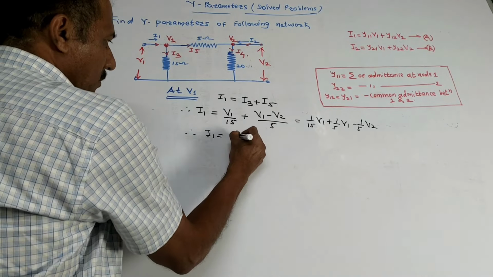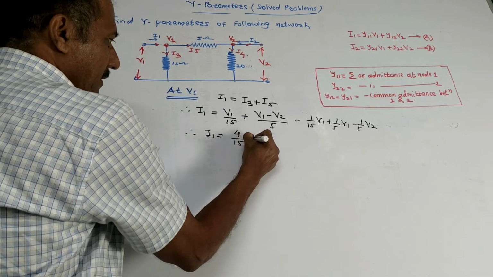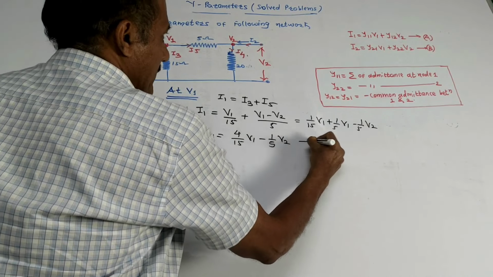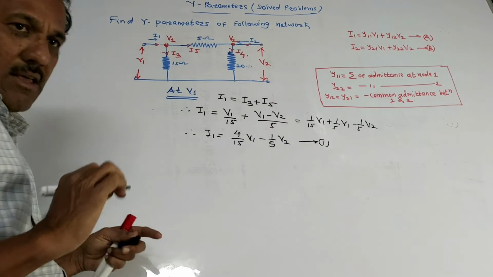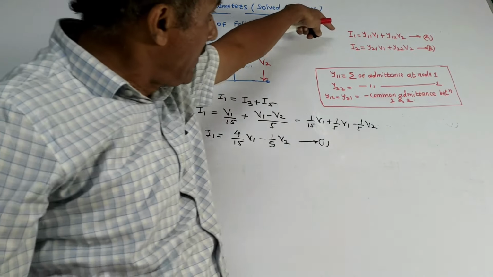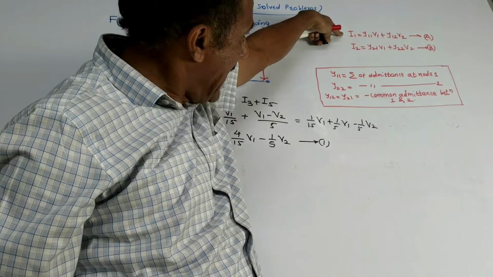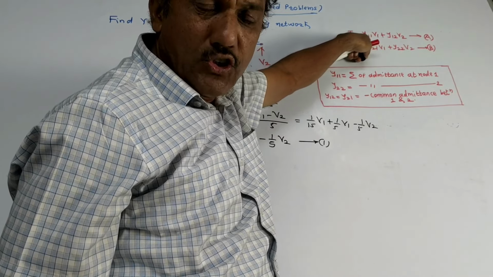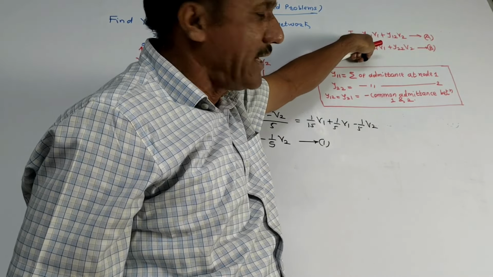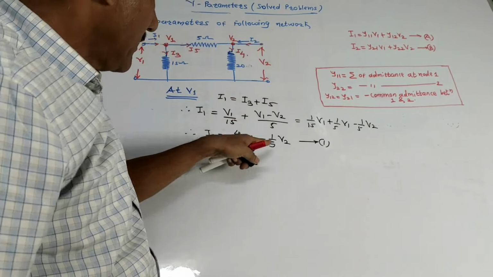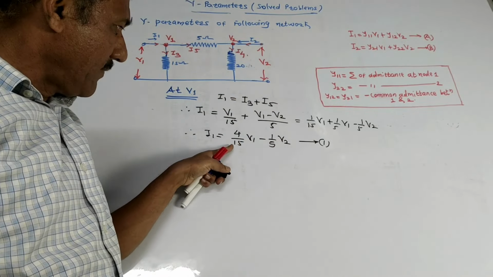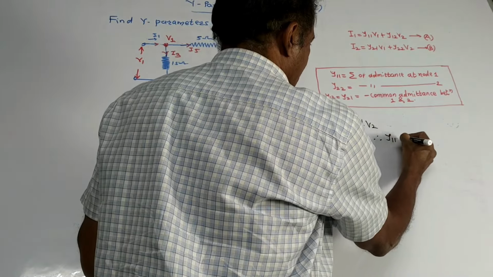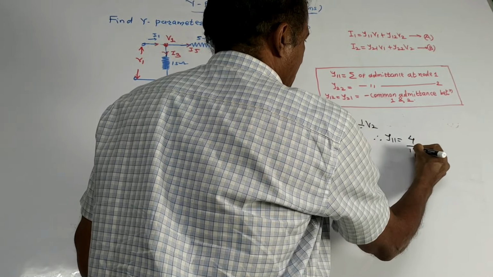So it is 4 by 15 V1 minus 1 by 5 V2. Say equation number 1. Now compare equation 1 with reference equation A. In this case, the coefficient of V1 is Y11. Here the multiplying term with V1 is 4 by 15. Therefore, I can write Y11 is equal to 4 by 15.